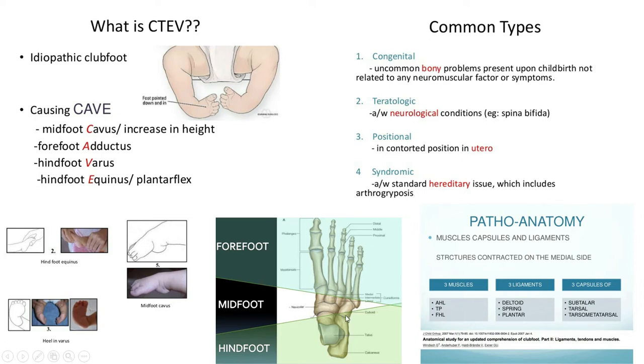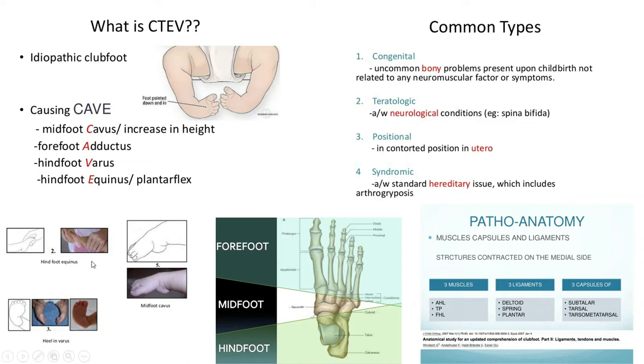Now, all the deformity lies in respect to the position of the tarsal bone and the metatarsal disposition. Now, congenital talipes equinovarus is actually one type of packaging disorder. I will explain it later.